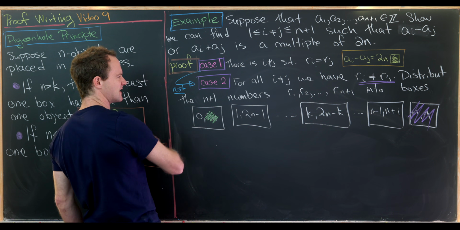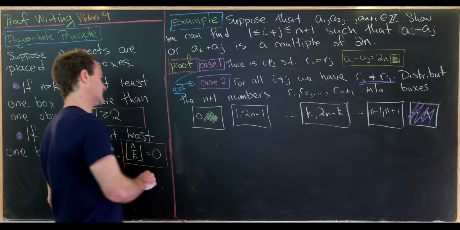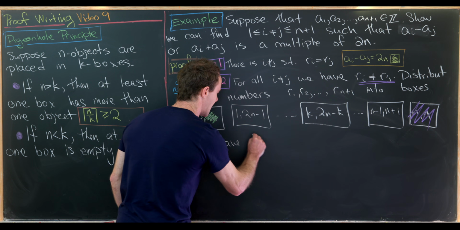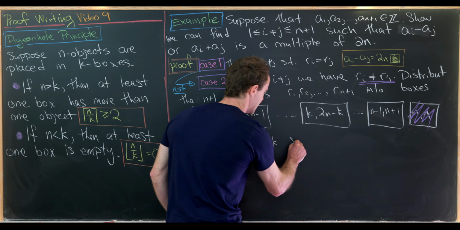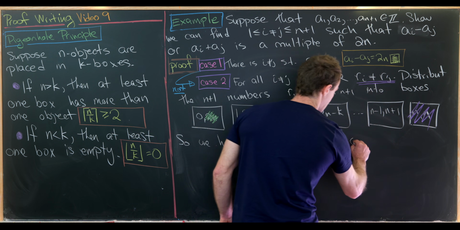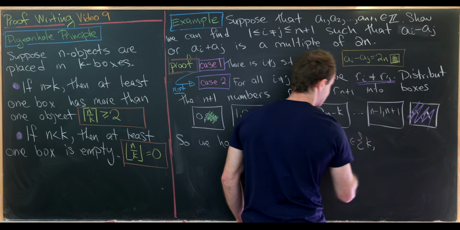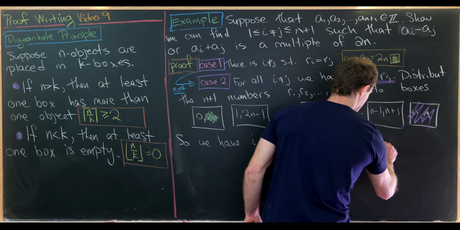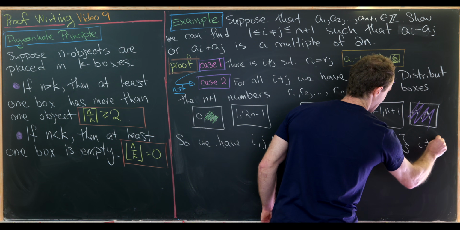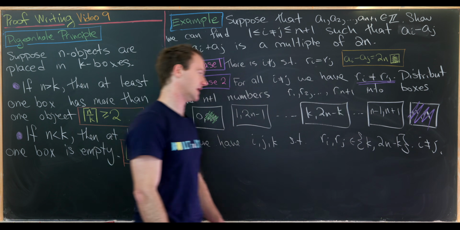Okay, so let's write that down a little bit more carefully. So we have i, j, and k such that r_i and r_j come from the box, or the set it would be, k and 2n minus k. And here I guess I should say i is not equal to j.